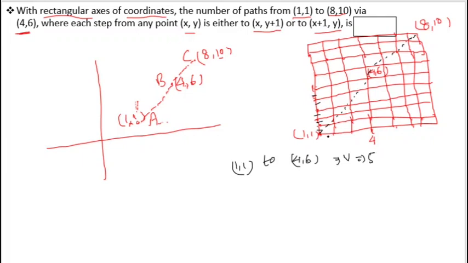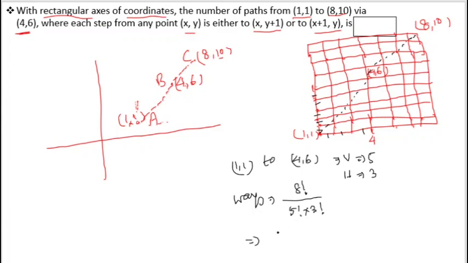And the horizontal path is 1, 2 and 3. So the horizontal path is how much? 3. So that means what? In total there are 8 paths. So how can we arrange those 8 paths? We can arrange them in 8 factorial, but because the 5 V's and 3 H's are identical, we divide by 5 factorial into 3 factorial, right?